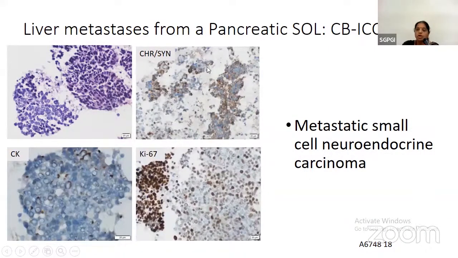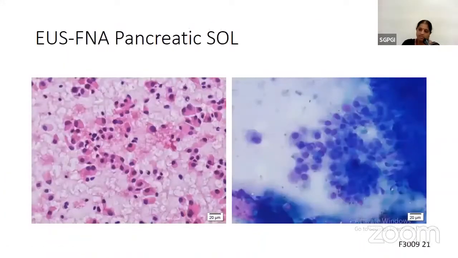But just to complete the picture, this was positive for the neuroendocrine markers chromogranin and synaptophysin. Cytokeratin showed a dot-like positivity, which comes in NETs. And of course it had a very high Ki67 index. So this was again in a liver SOL, with primary in the pancreas: small cell neuroendocrine carcinoma metastasis.